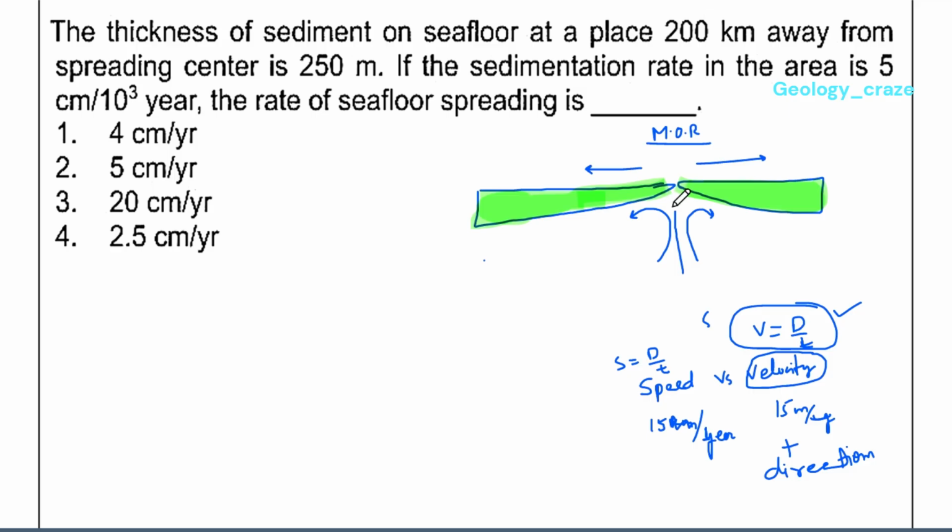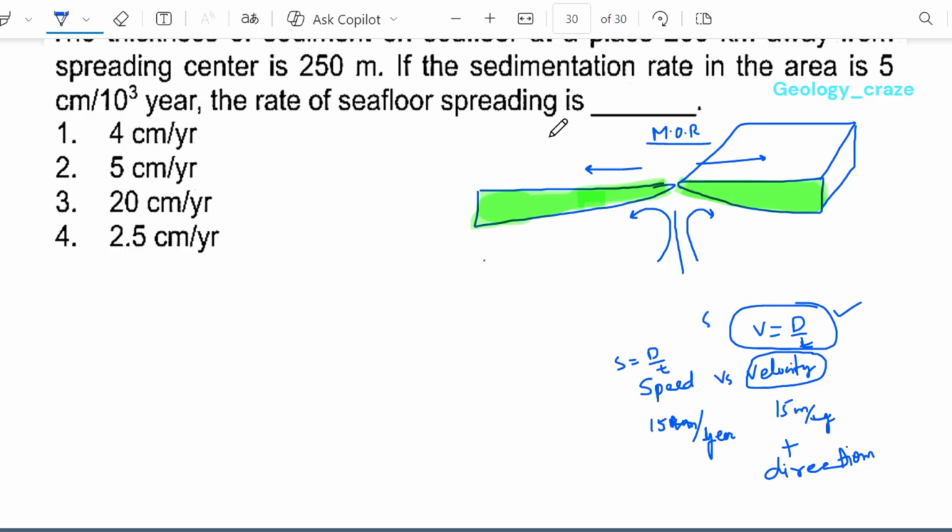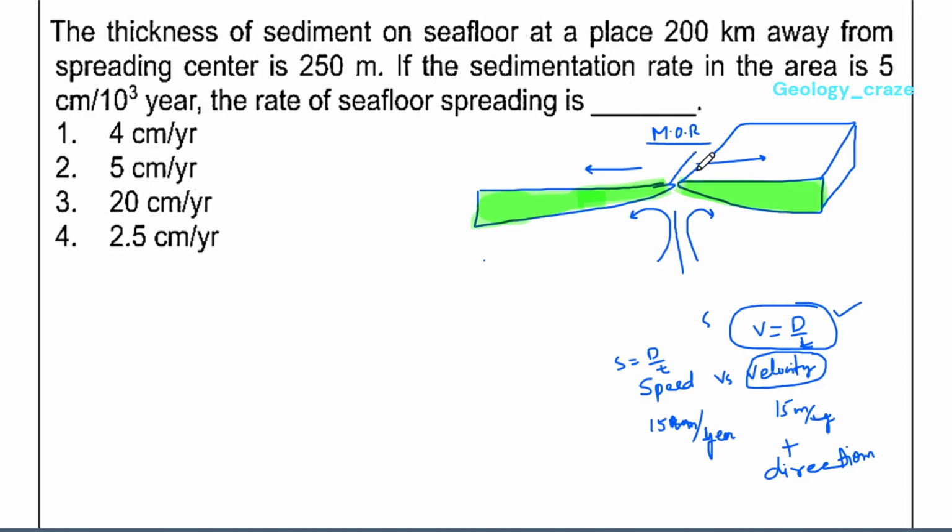If it is created today, there is no sediment on it; sediment has to settle on it with the passage of time. With time, this plate is moving this way and this plate is moving this way. I'm making it in 3D.